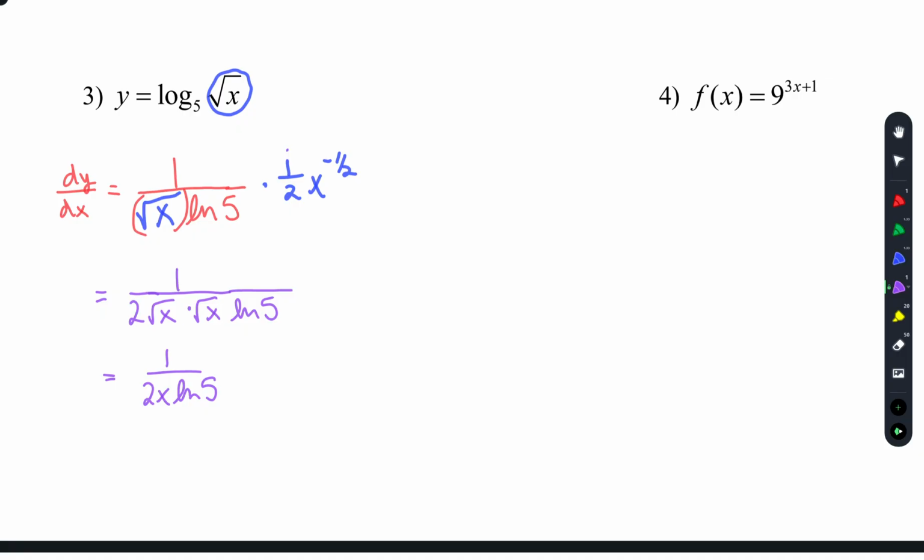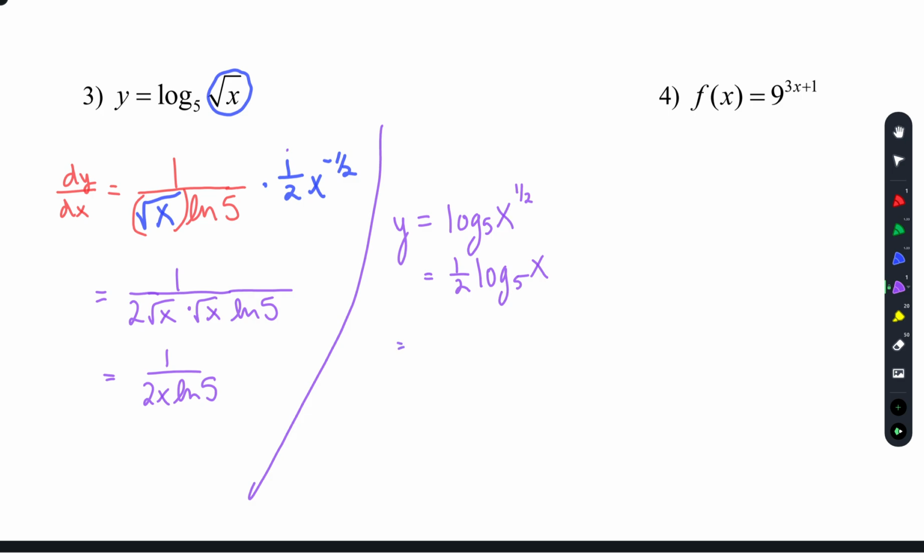Does anyone know how to do it faster? There's a faster way to do this. It involves messing with the original. Yeah, log base 5, write this as to the half, and then bring it down. Use a log rule, then you don't have to deal with chain at all.